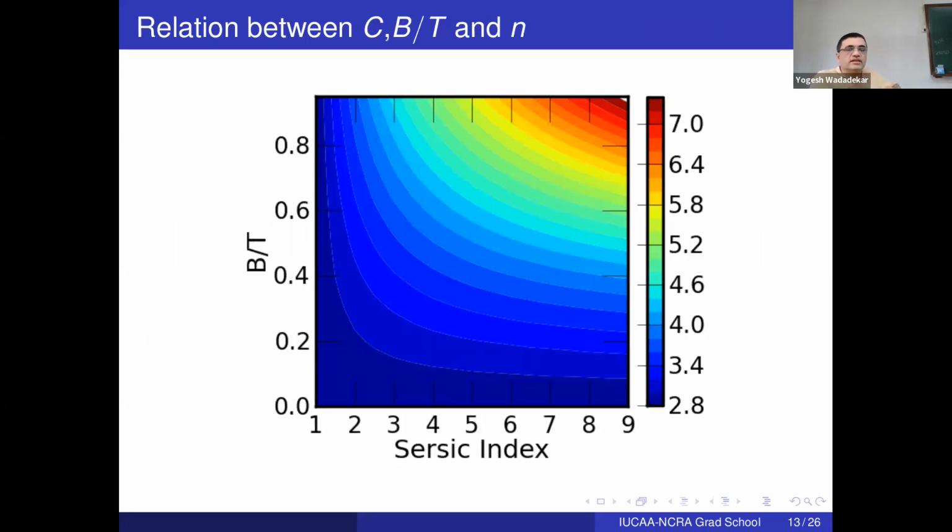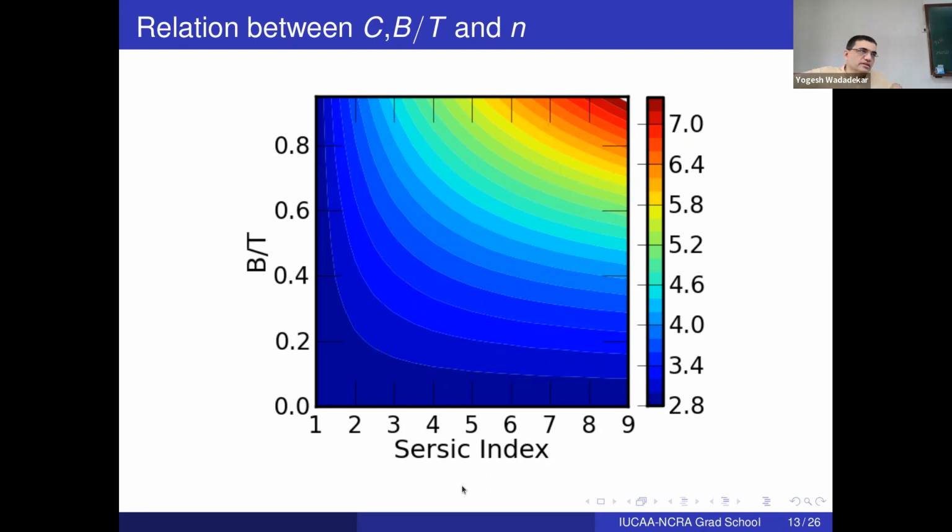So here is, if you do that three-way relationship between concentration index, B by T, and N. As I said, for a given concentration index, you will have a curve that represents this, with the concentration index, B by T and Sersic index on the right.